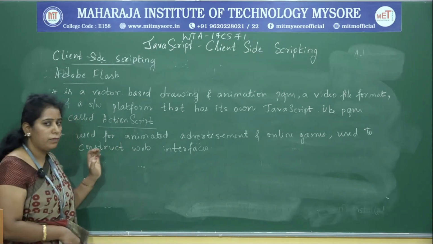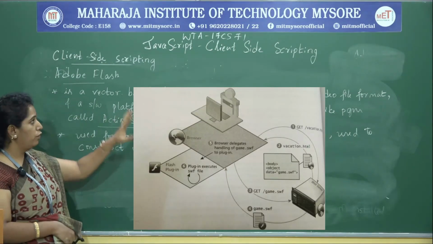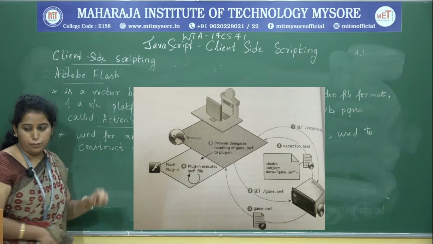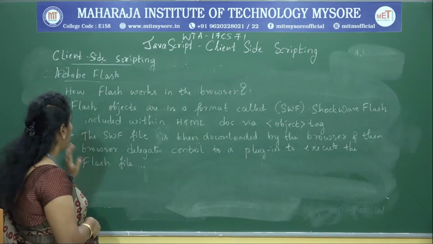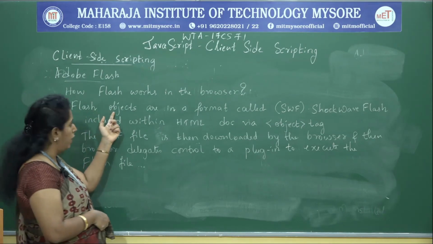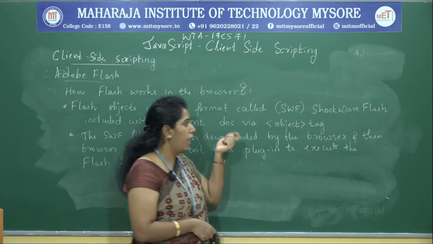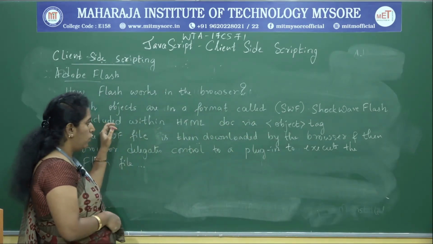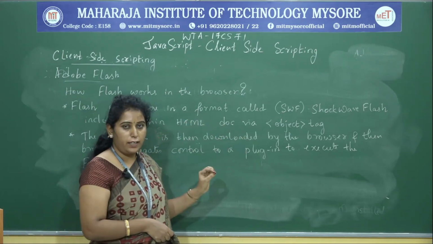Now, the figure shows how Adobe Flash actually works in the browser. You can look at the figure. Flash objects are in a format called SWF, which stands for Shockwave Flash, and they are included within the HTML document via the object tag.